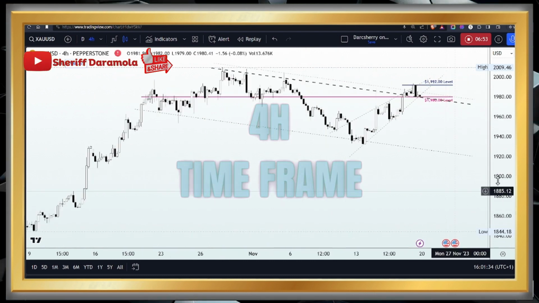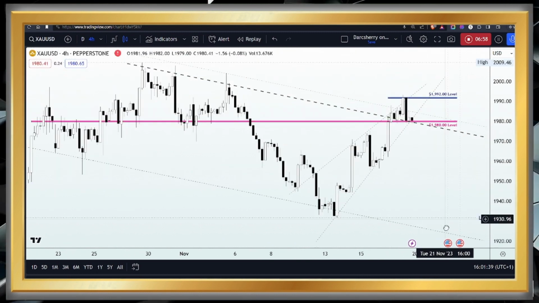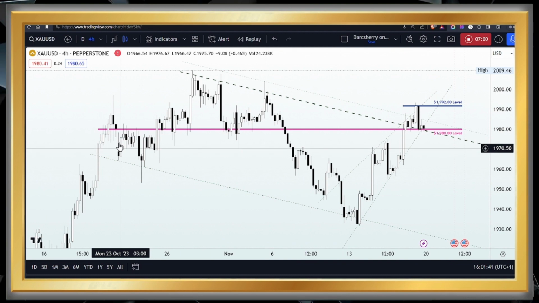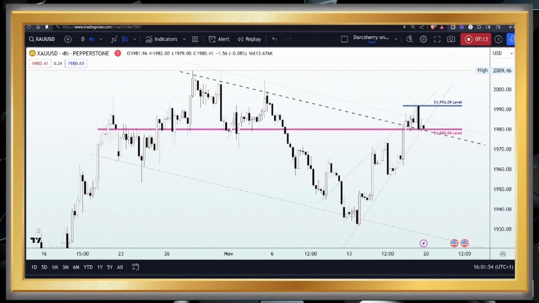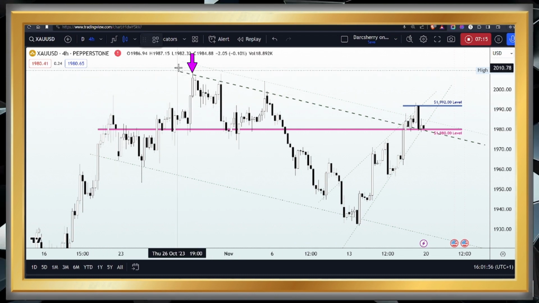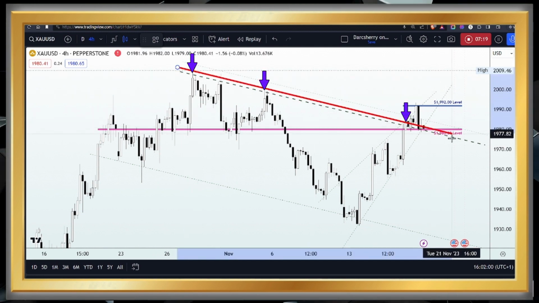Now, if you look at the 4 hours time frame closely, what I did here was to take into consideration the nature of price action since the mid-month of October. And if you look at the structure closely, you will see our price action appears to be within a descending channel, as you will see after connecting the series of lower highs since the last week of October.